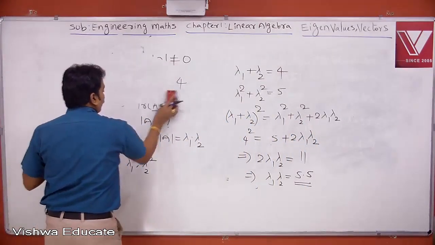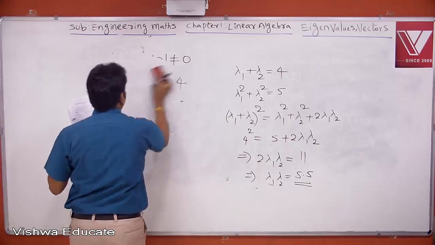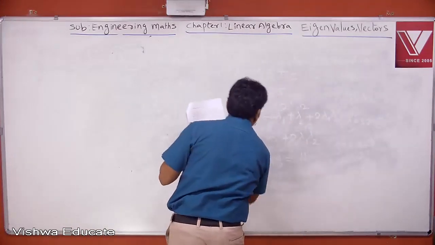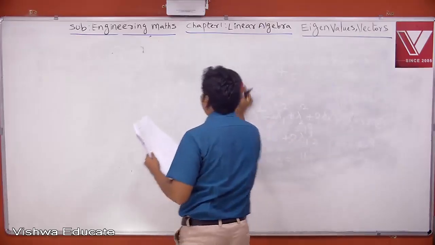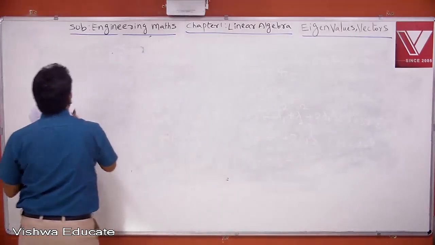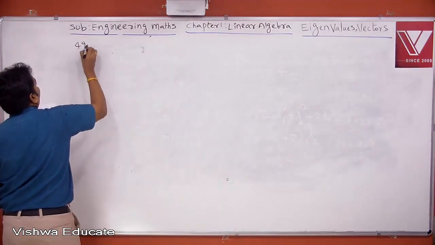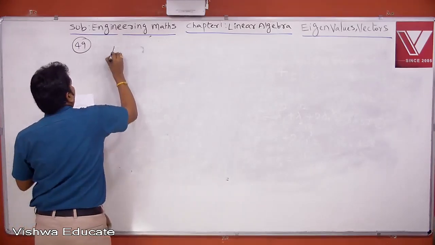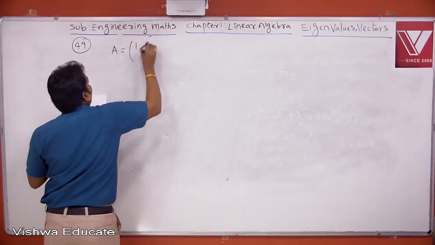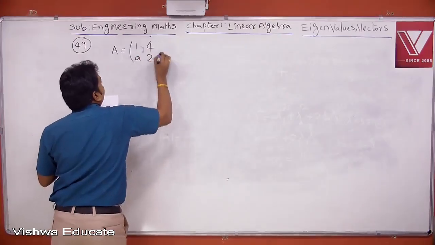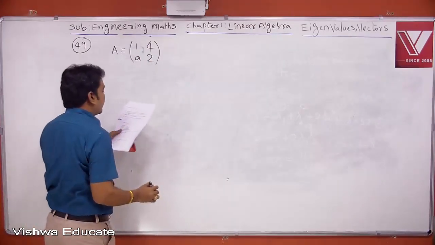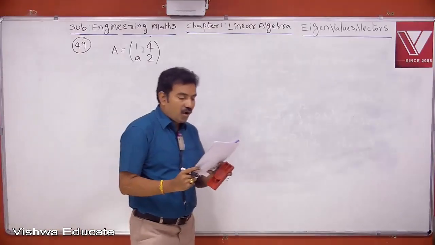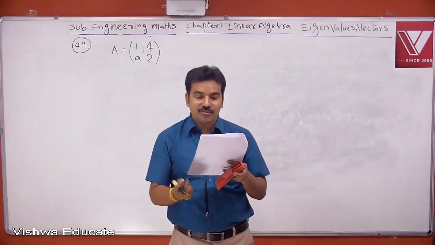Now let us move to question number 49. Very interesting question. Given that A equal to [1, 4; a, 2]. One element is not given. The eigenvalues of A are real and non-negative.